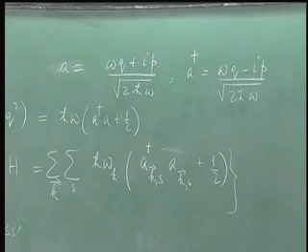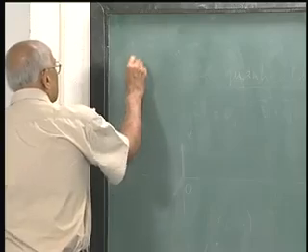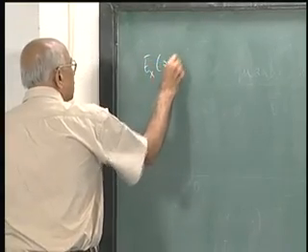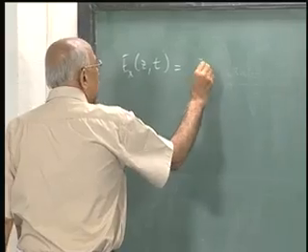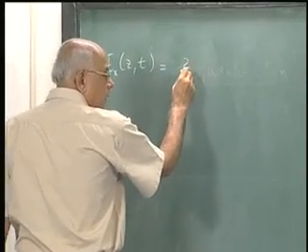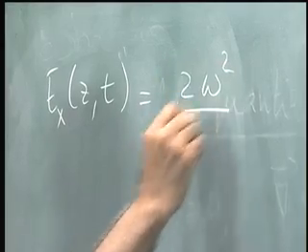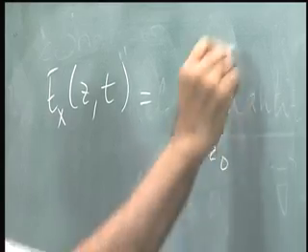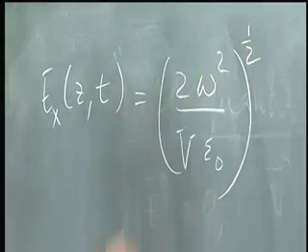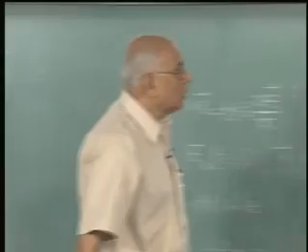So let us write down, for example, what E does. Notice that we already have E_x of z comma t equal to 2 omega squared over V epsilon naught to the power half, q of t. Now what is q of t?